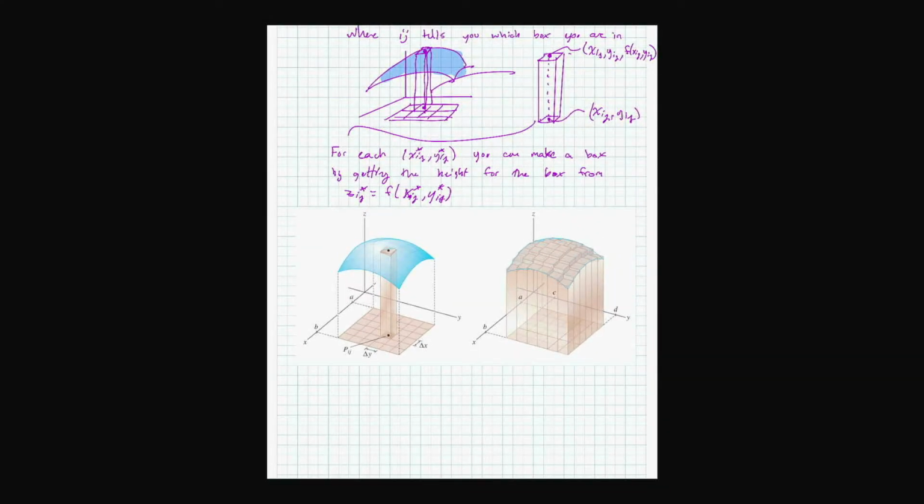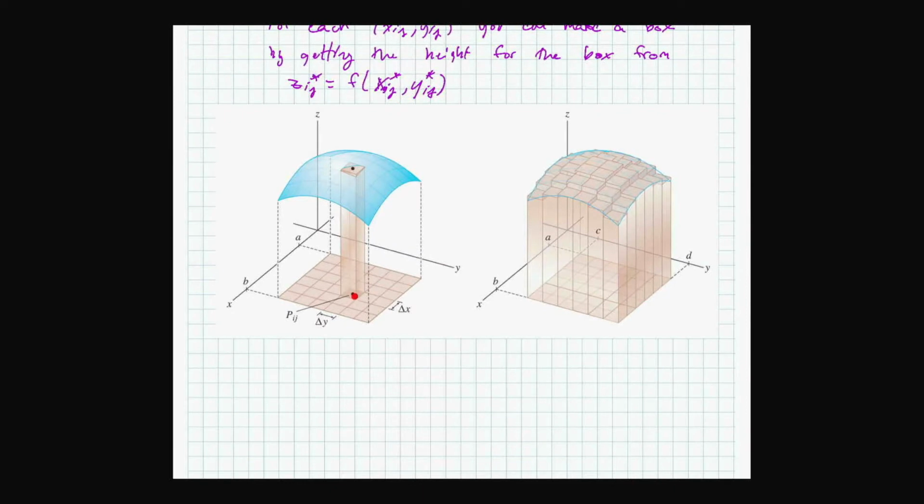So you find this little box, which here's a much better picture of that. And then for one of these boxes, you have a width here and a width here, delta y and delta x. And then you get the height from the function value. And then you get this picture of a whole bunch of boxes that are approximating this volume here.